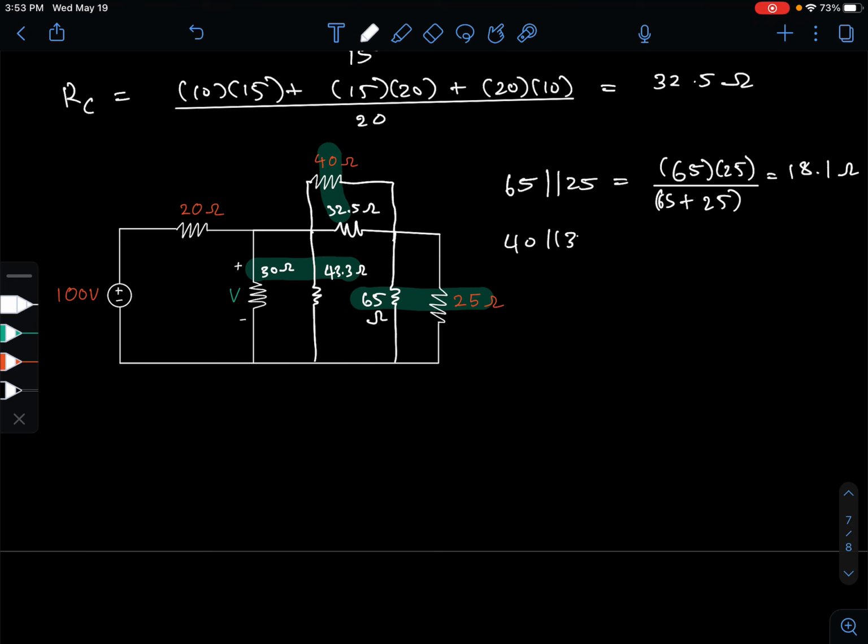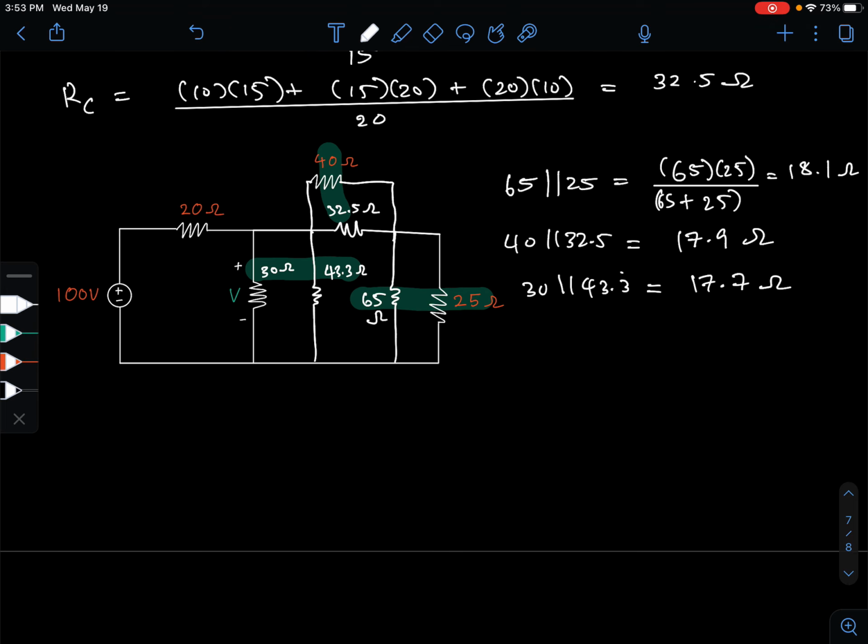Similarly, 40 and 32.5 would yield 17.9. 30 and 43.3 would yield about 17.7.